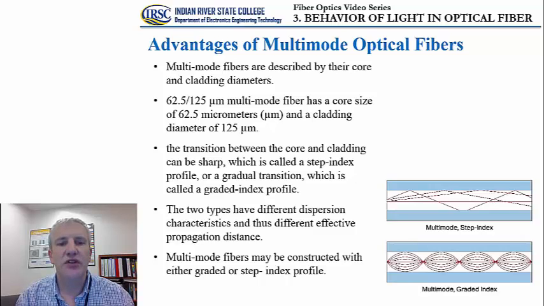The transition between the core and the cladding can be sharp, in which case we are talking about a so-called step index profile, or the transition can be gradual, which is a so-called graded index profile. The two types have different dispersion characteristics and therefore different effective propagation distances.